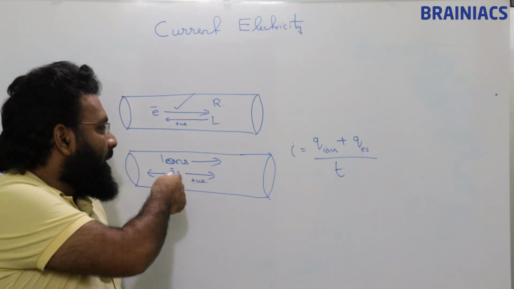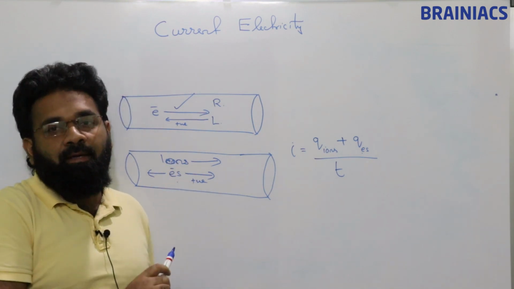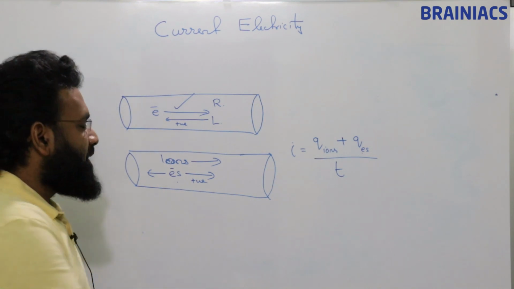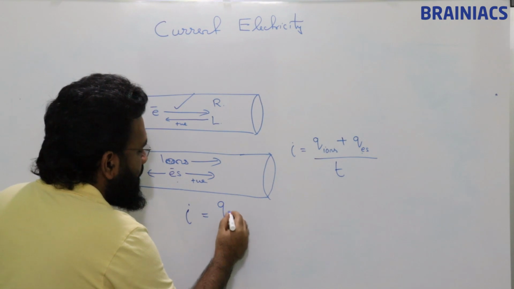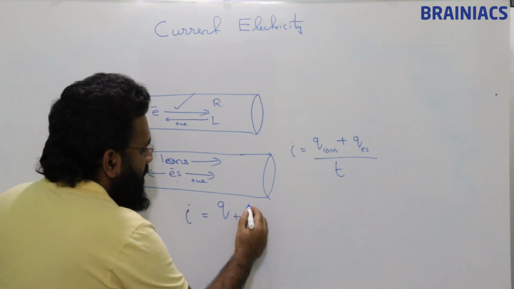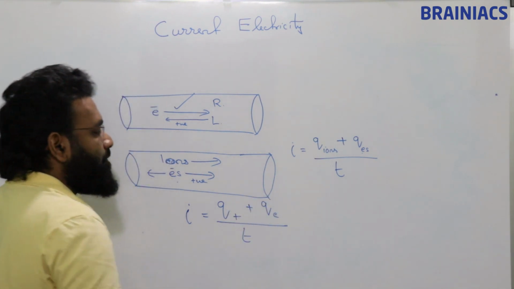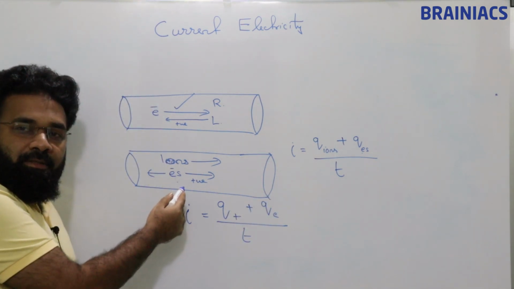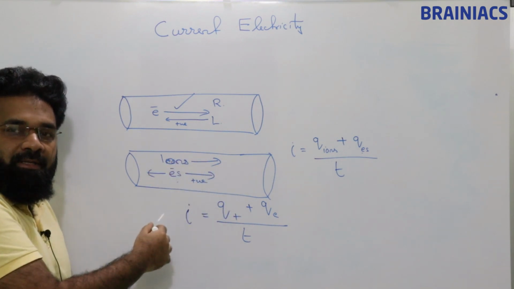Other than that, if there are some other charge carriers other than electron, then we should consider that also. So in that case, current could be due to positive ions plus due to electrons divided by T. So this direction also matters. If the electron direction is in the opposite direction, we should consider.